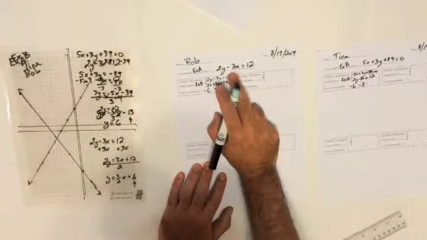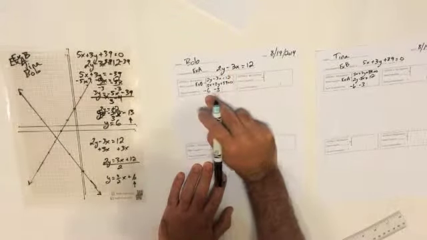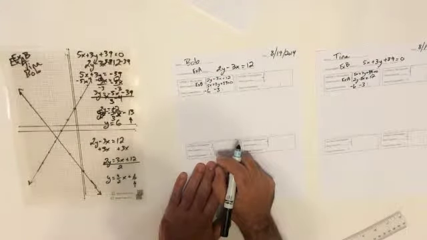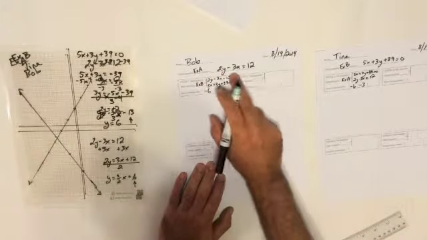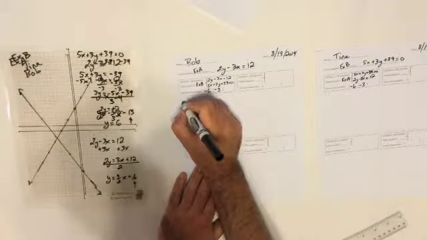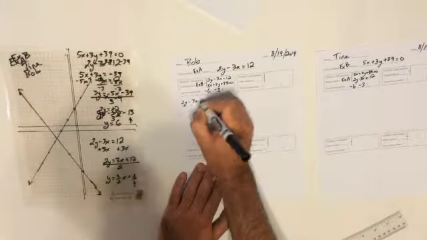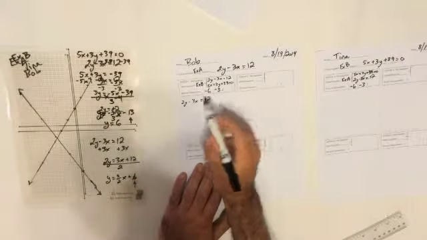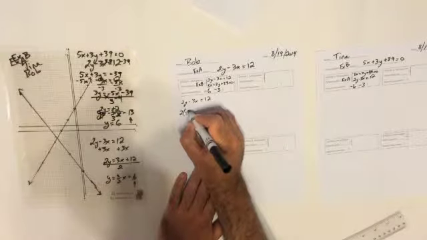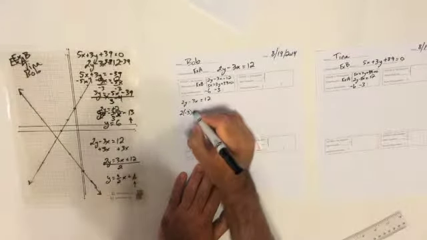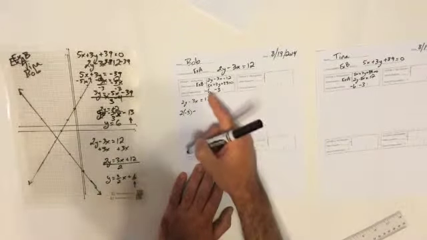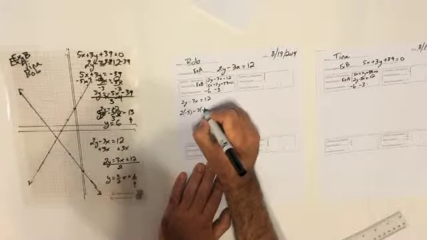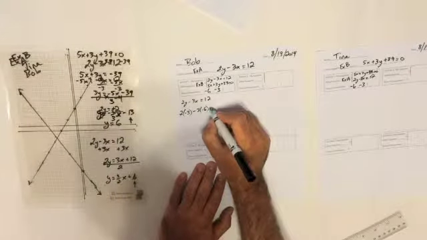Now the work that you're going to do here is checking to see whether this point of intersection actually satisfies your equation. Or in other words, when you plug in these values for x and y, does this become true? So let's take a look. We've got 2y minus 3x equals 12. So for the y, I'm plugging in -3. So 2 times -3 minus, and for the x, I'm plugging in -6. 3 times -6 equals 12.